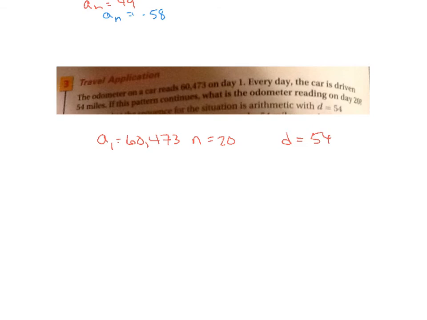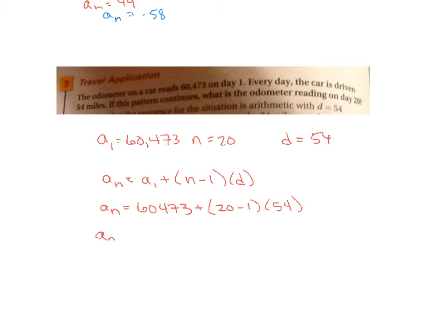So we are going to use the formula AN equals A1 plus N minus 1 times D. For A1, we're putting 60,473 plus, and in for N, we're going to put 20 minus 1 times the common difference of 54.